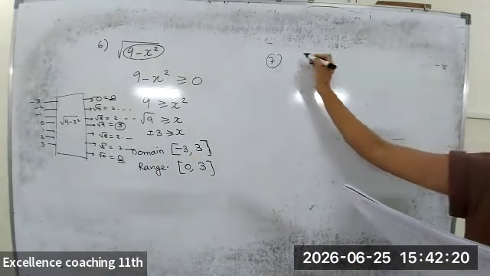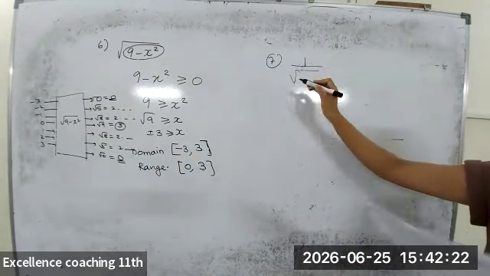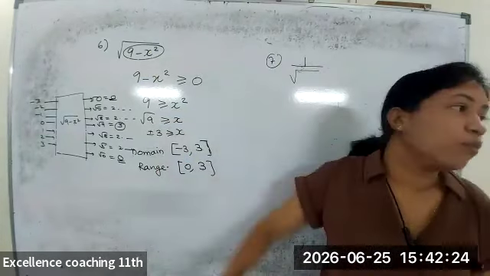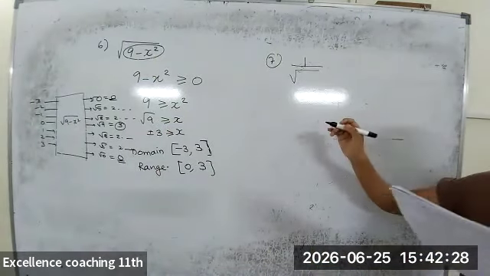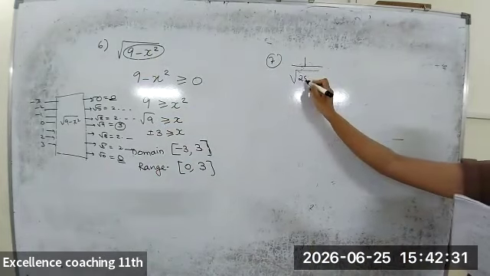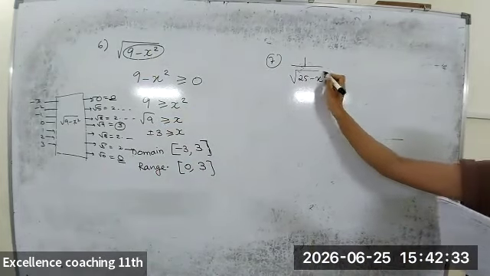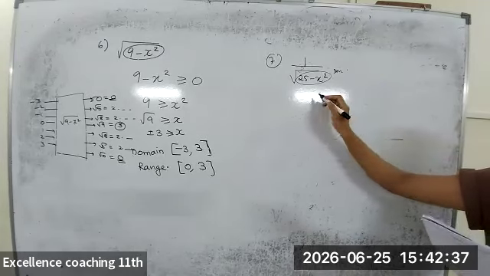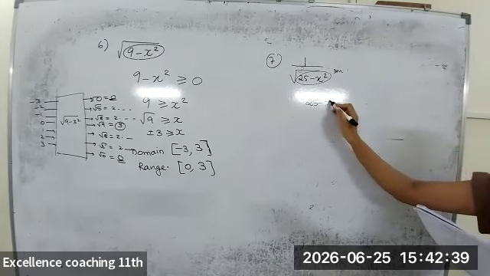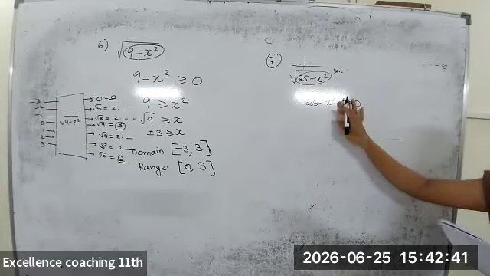Now the 7th one. Exactly the same way, but there will be no equal to sign because the root is in the denominator. So 25 minus x square, no equal to sign.